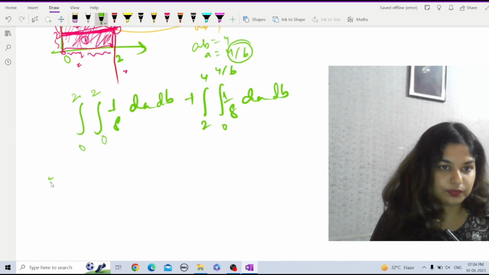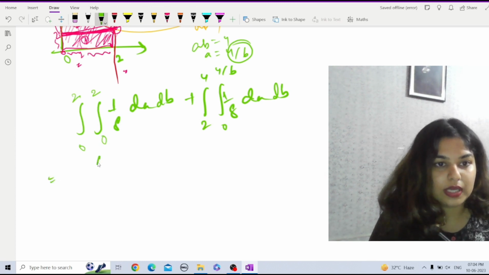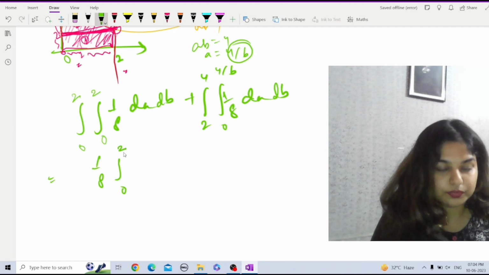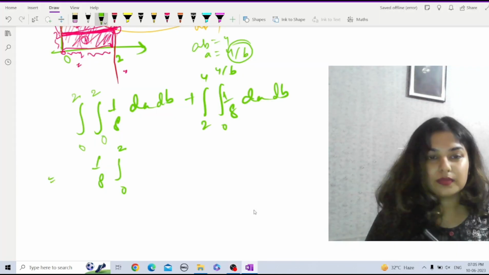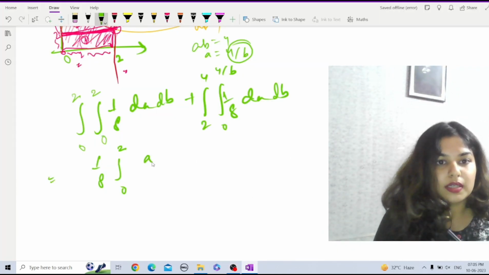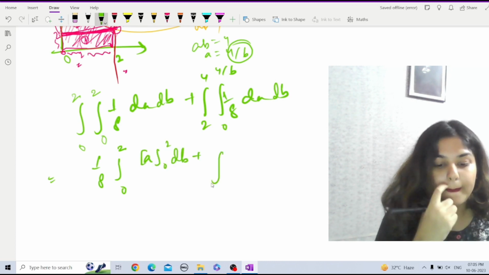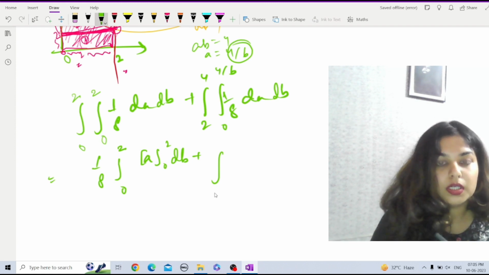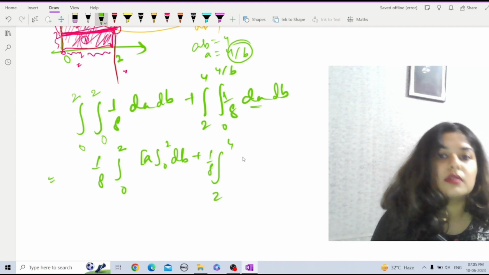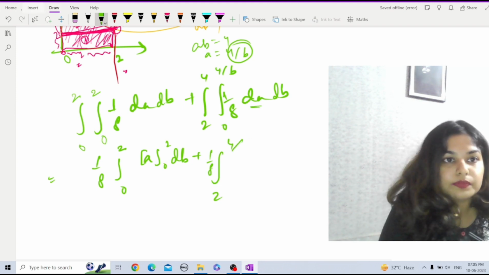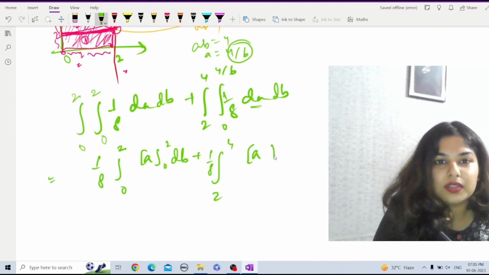Now let us integrate. After integrating, what do we get? We get 1 by 8, 0 to 2, 0 to 2. Integrating this, we get A within 0 to 2 dB, plus again 1 by 8 from 2 to 4 of A within 0 to 4 by B dB.